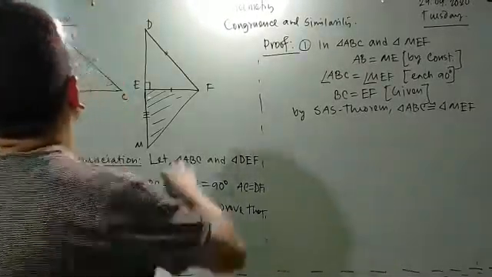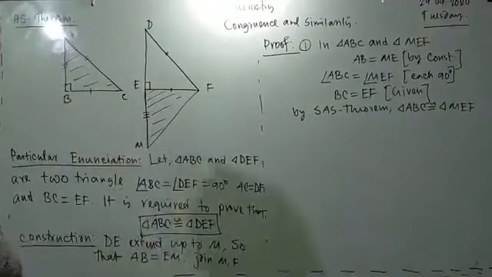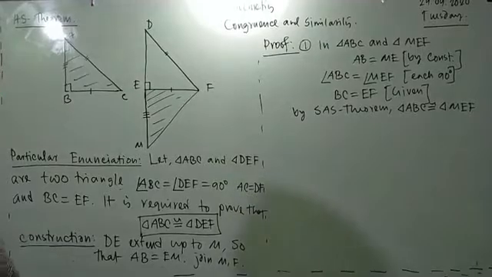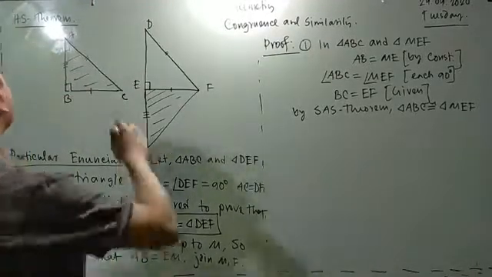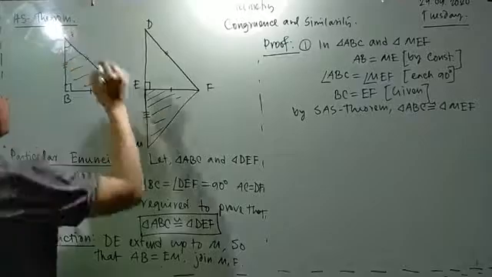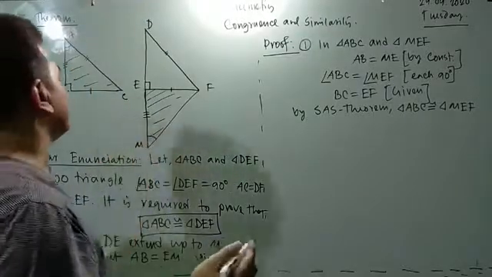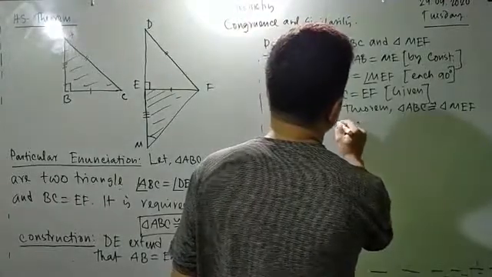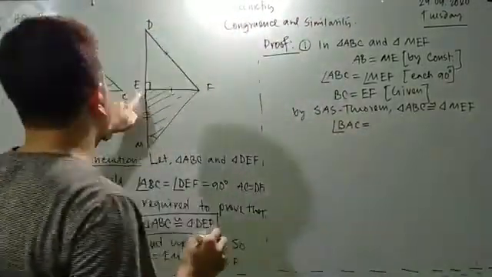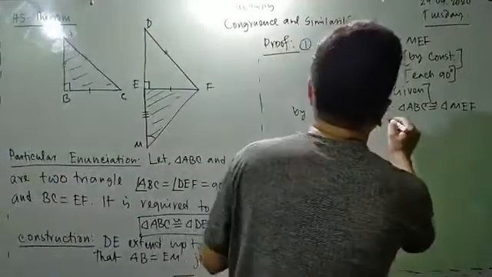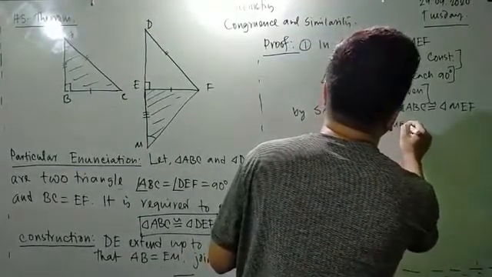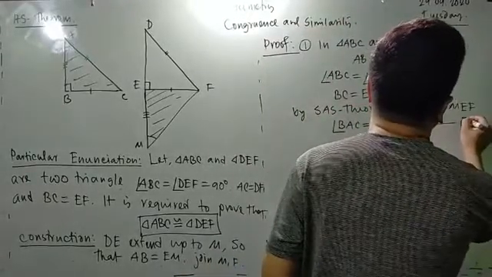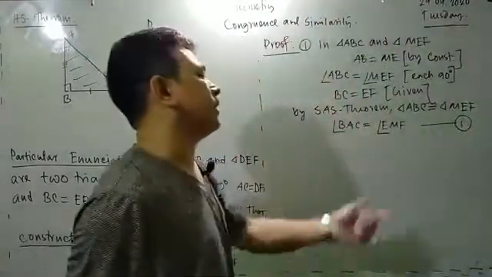So this triangle and this triangle are congruent. So what can we say? We can say this angle, look at that here, this angle and this angle are equal. We can say that angle BAC equals angle EMF. We're taking this as equation 1 because later we will use this angle.